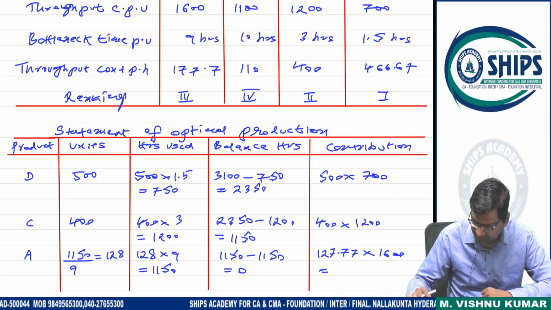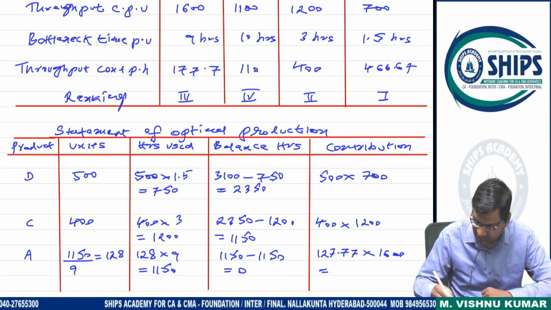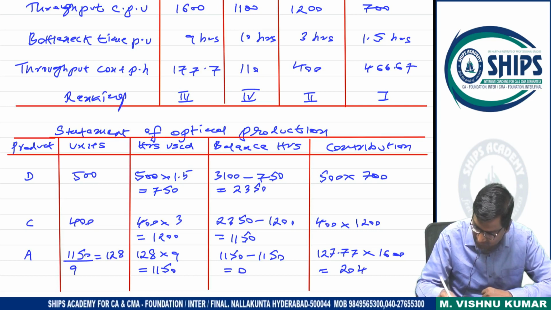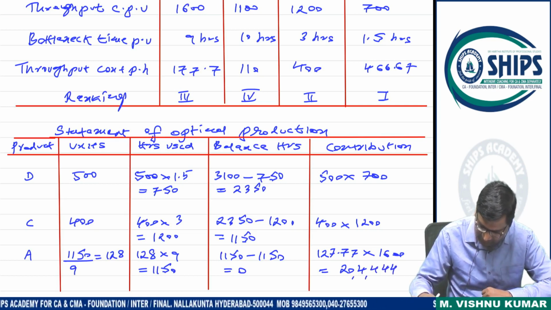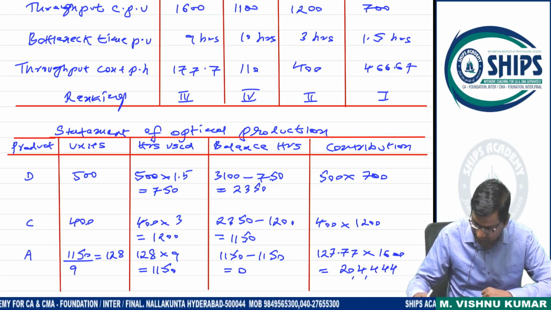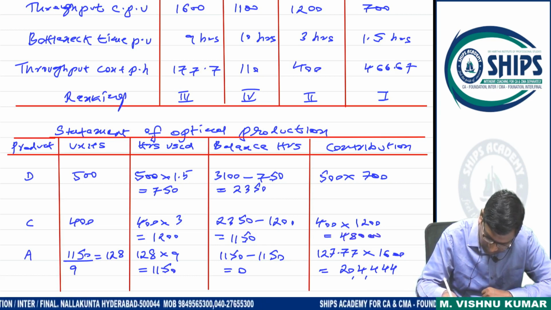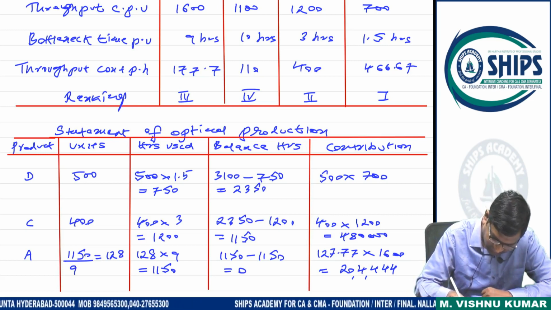Okay. So this is the answer: 2,04,444. This is 400 into 1200, 4,80,000. This is 500 into 700, 3,50,000.